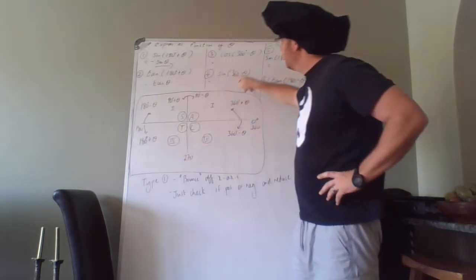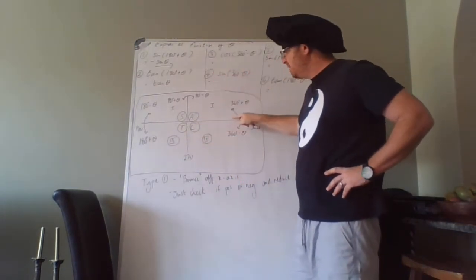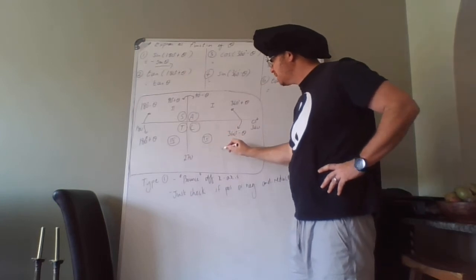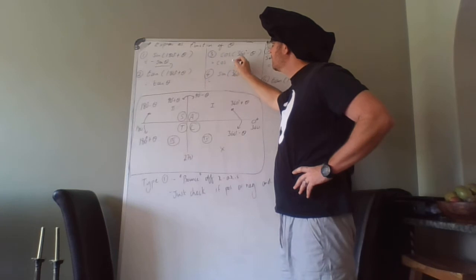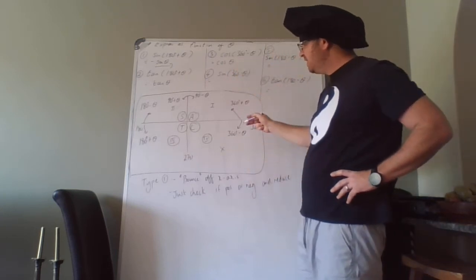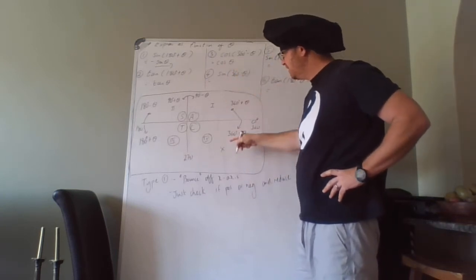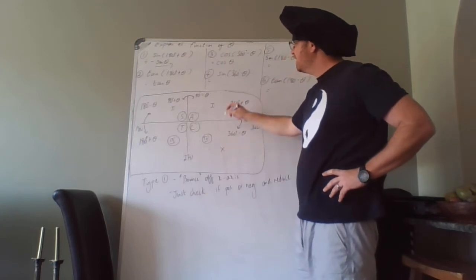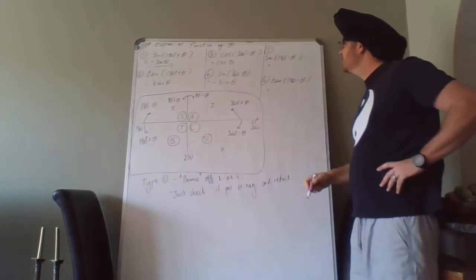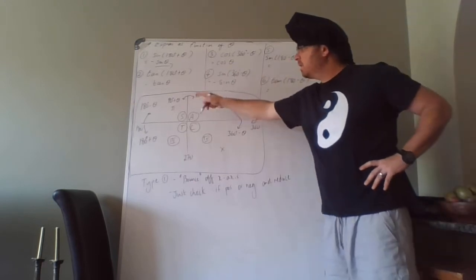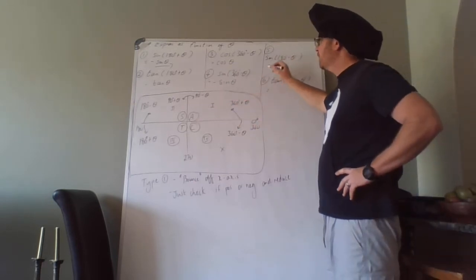Then 360 minus means I've gone to 360 and I've gone back a bit, so I'm sitting in quadrant 4. What happens to cos in quadrant 4? It's positive, so it's just cos theta. Sine(360 minus theta), again 360 minus, I'm in this quadrant. What happens to sine in that quadrant? It becomes negative, so it's negative sine theta. Sine(180 minus theta), I've gone back a bit from 180, now I'm in quadrant 2.